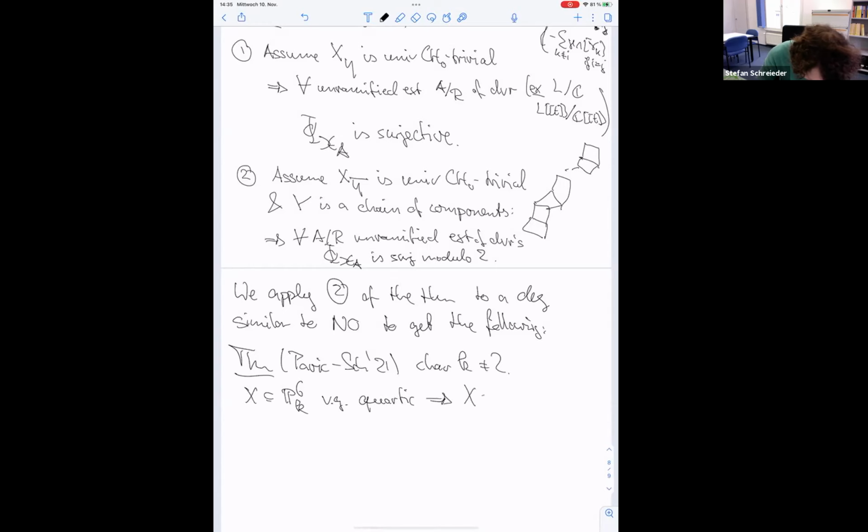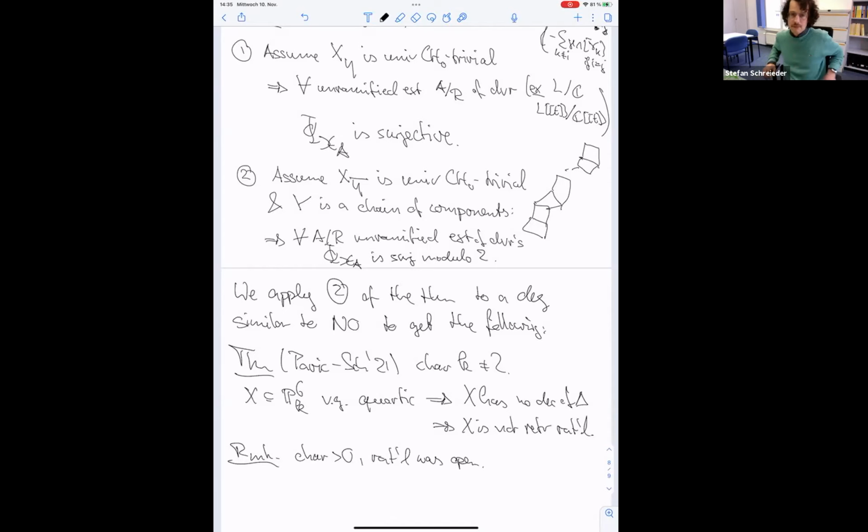Then X has no decomposition of the diagonal, equivalently is not universally CH_0 trivial, and hence X is not retract rational. And the remark is that if the characteristic was positive, then rationality was open for these varieties.